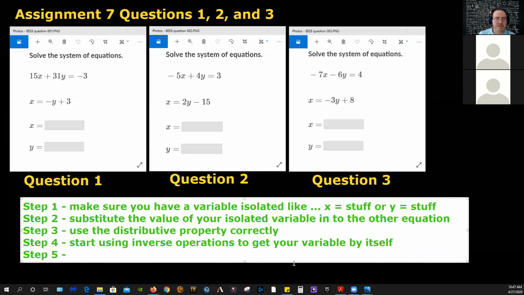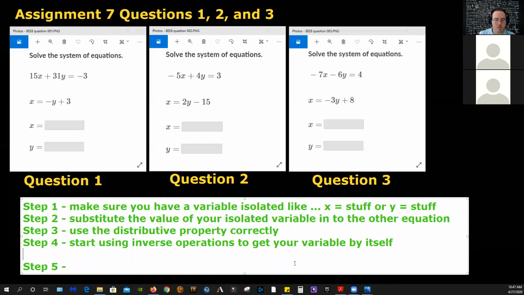I should note at this time, that's an important distinction. At this point, you should either have your x value or your y value. And then step 5 is where you go back to the beginning, you take the value you just found and substitute that in to your original sentence and then figure out what the other variable is worth.